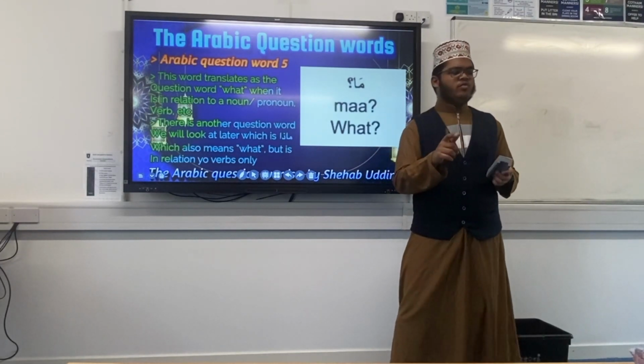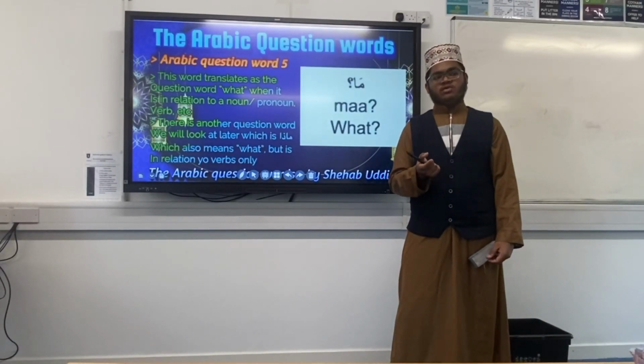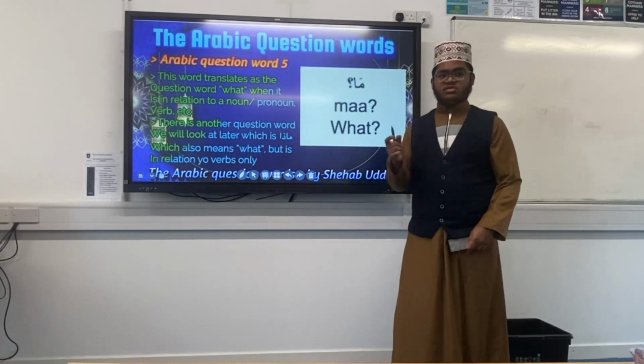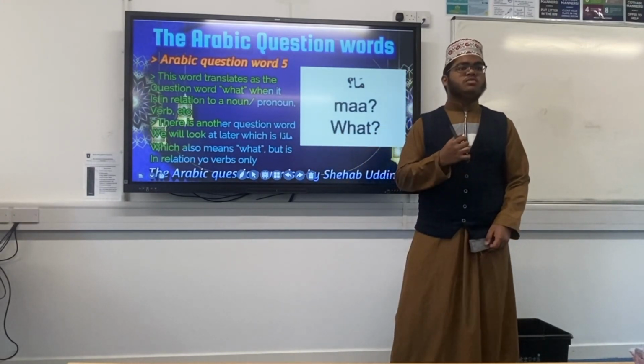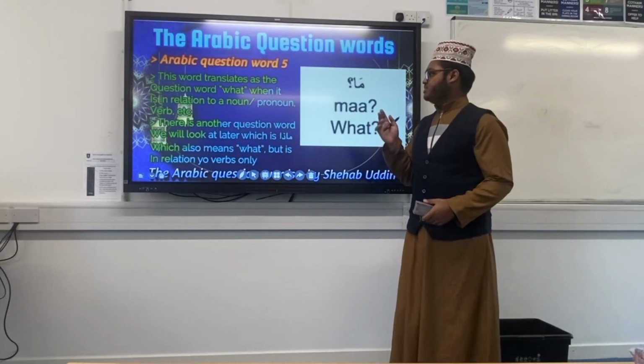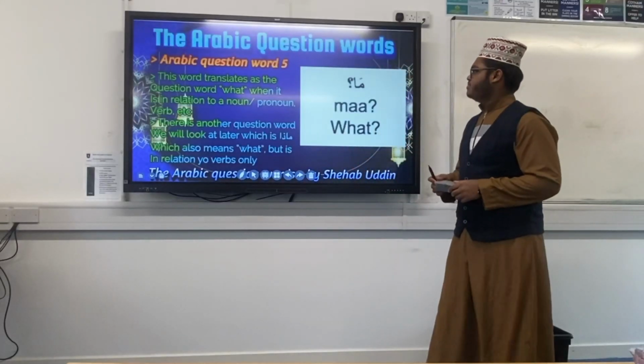The other word for what, you have it on your worksheet. This is when it is in relation to a verb only. As I said, mada also means what, but mada is only in relation to a verb. This one can be in relation to nouns, pronouns, verbs, etc. Inshallah. Next one, please.